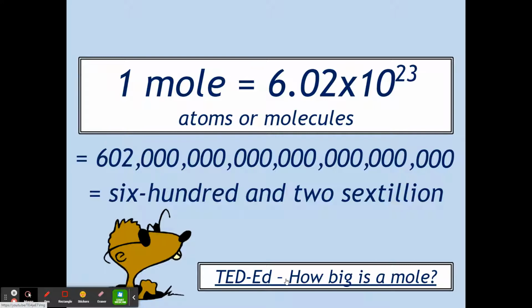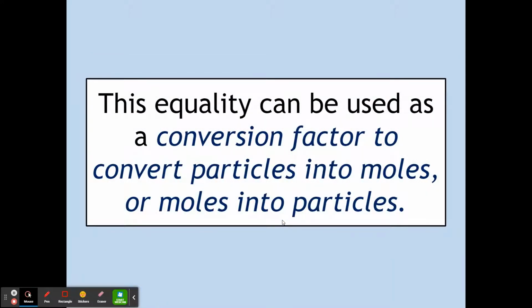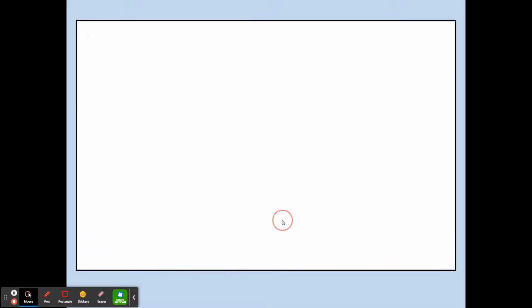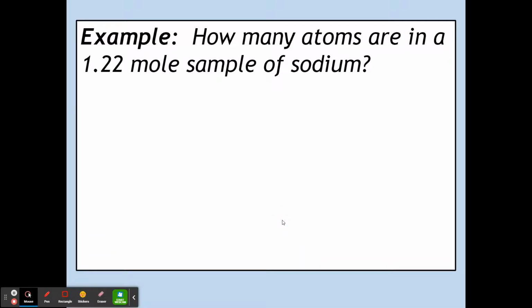There's a video down here that I would like for you to watch called How Big is a Mole? Make sure you do. There could be some upcoming quiz questions on that. This equality can be used as a conversion factor to convert particles into moles or moles into particles, which is what we're going to do today.